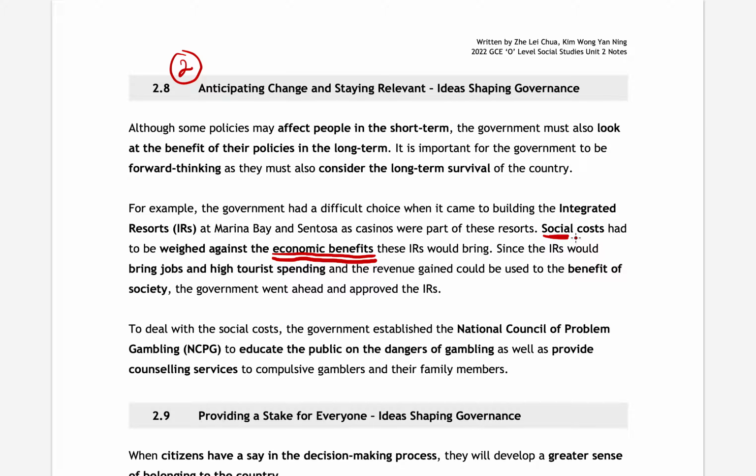This is an agency to educate the people on why gambling is dangerous, and also if there are compulsive gamblers that are affecting their families, affecting themselves, then NCPG will actually give them counseling service as well. So that is anticipating change and staying relevant. We cannot afford to be dormant. We have to keep moving. We have to keep improving. That is a sign of a good government.